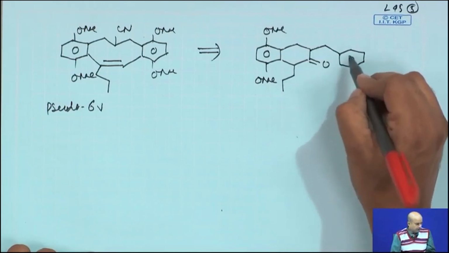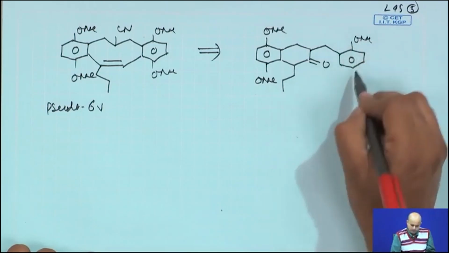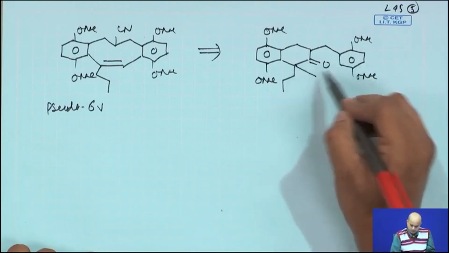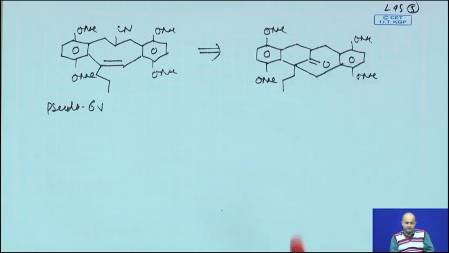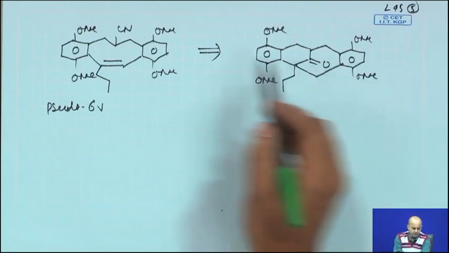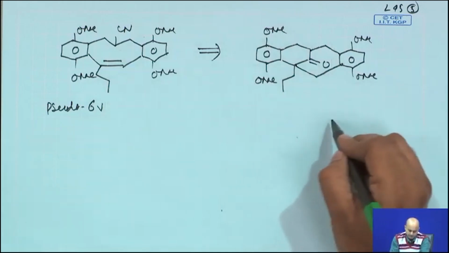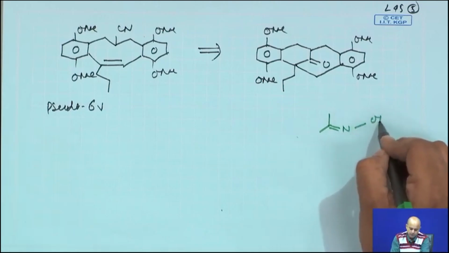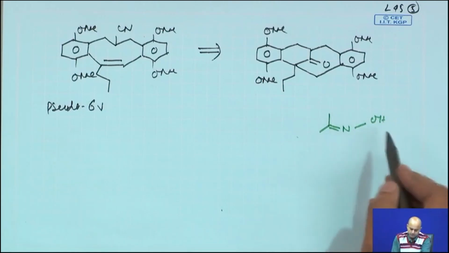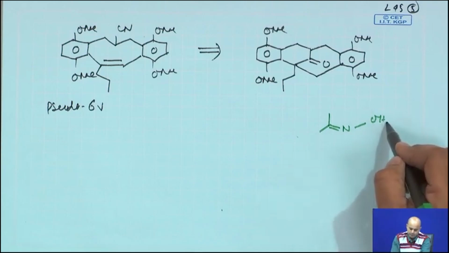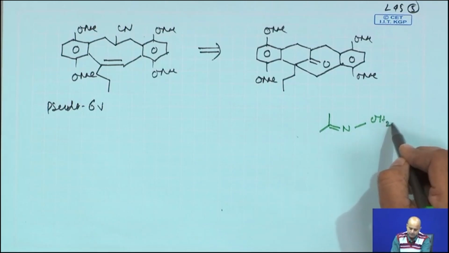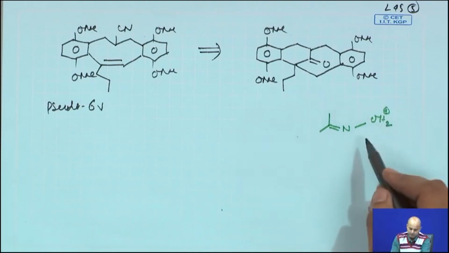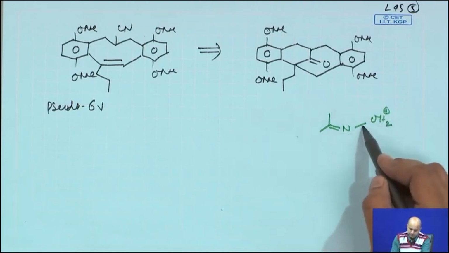So, if you have this particular intermediate which we are proposing here, this intermediate can be easily converted to this intermediate. Now, how? If you convert this ketone to the corresponding oxime, you do a Beckmann type of rearrangement. So, this oxime will first be converted to the corresponding OH2 plus, and then this will go.